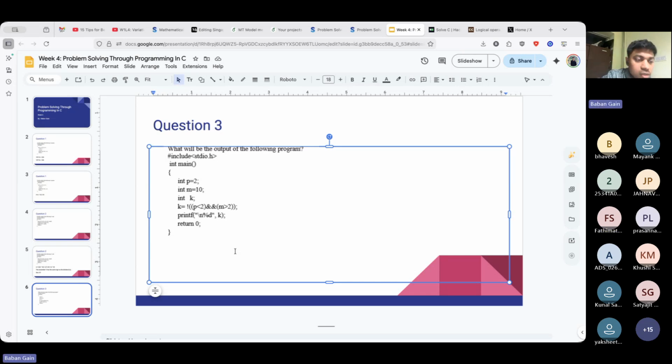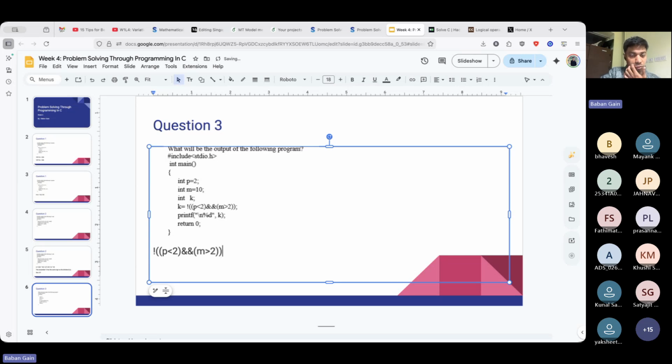You're right. Okay. So basically, there are multiple comparisons here, and we have to compare first whatever is there in the bracket. Let me write it like this: p less than 2 and m greater than 2. These are the comparisons.